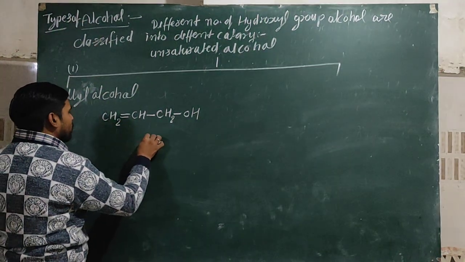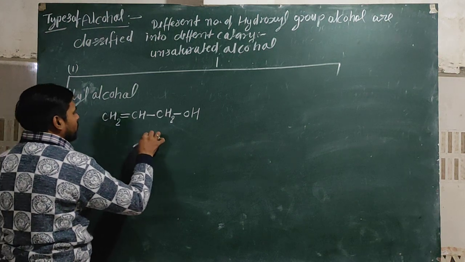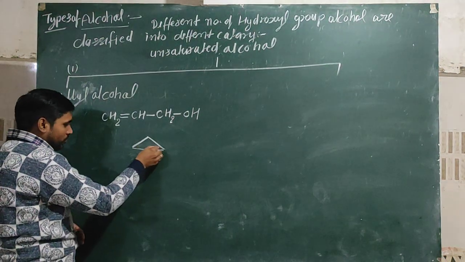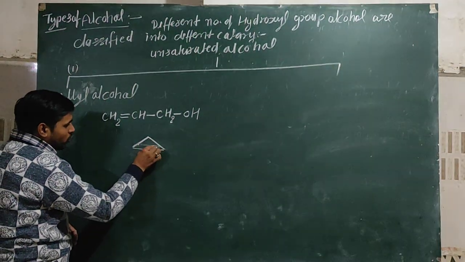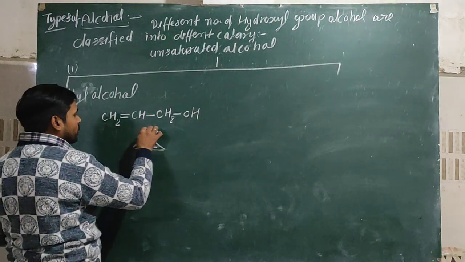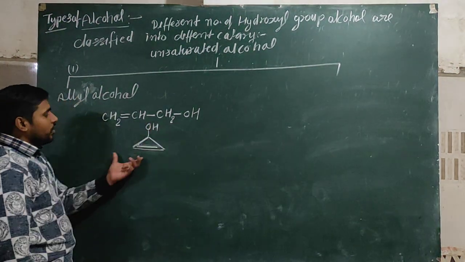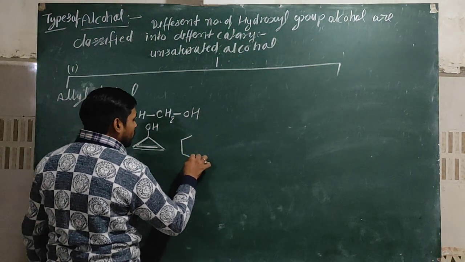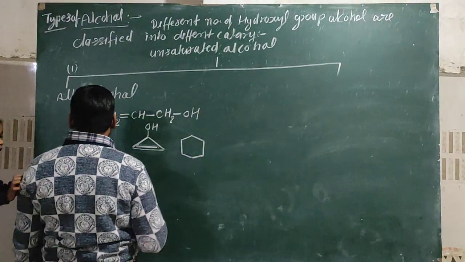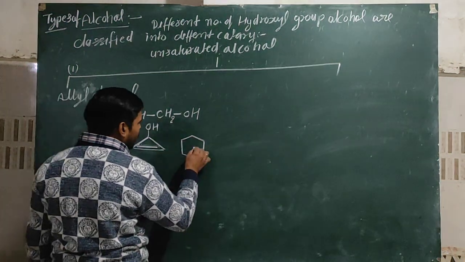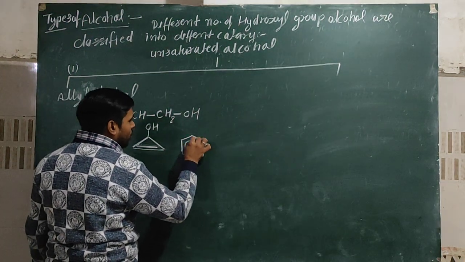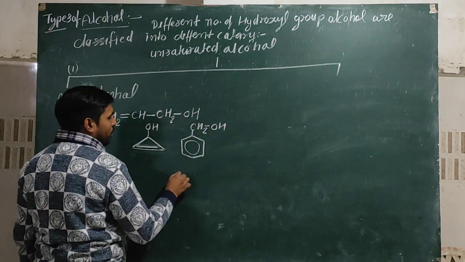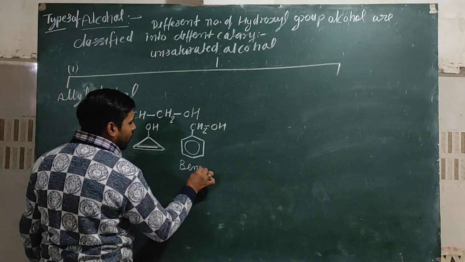This structure may be present in this form, like cyclopropane. If this group contains a pi bond in its structure and one OH group, then it is also known as allyl alcohol. If any benzene ring contains a CH2OH group, then it is known as benzyl alcohol.